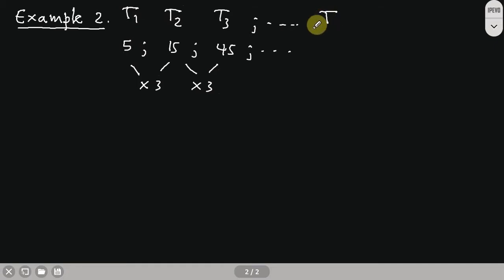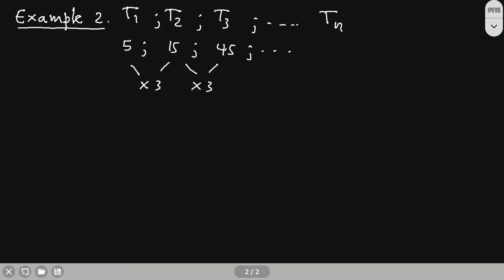Any term in the sequence will be designated with Tn. So this is a pattern where a multiplication by 3 is used to get the next term in the list. You'll come across different types of patterns as we move on.